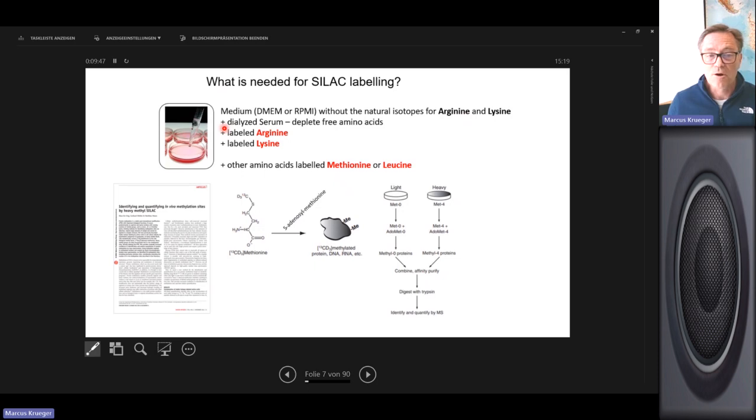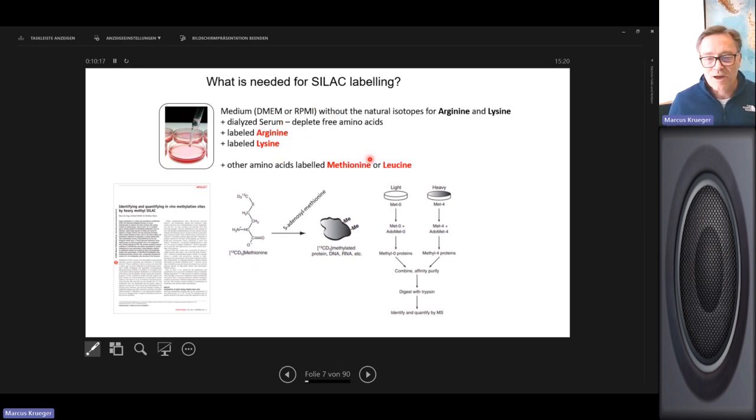And then you also need dialyzed serum, which is depleted of free amino acids, because if you use normal serum, this might contaminate your samples. And you spike in arginine and lysine, so this is what you basically give to your media, either light lysine or heavy lysine or arginine, and then you have your media ready to go, and you label your cells.